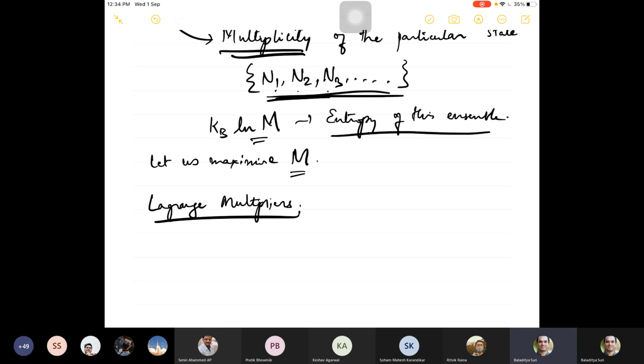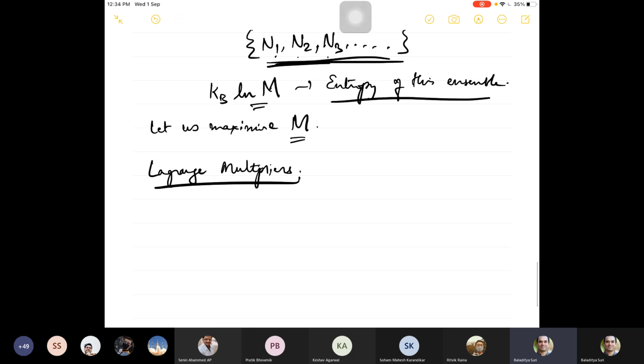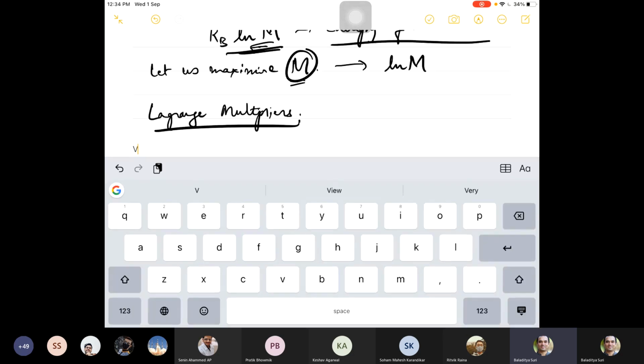We take the function that we want to maximize. In this case, we want to maximize m, but since entropy is defined as the logarithm of m, we will actually maximize ln of m, which is equivalent to maximizing m.